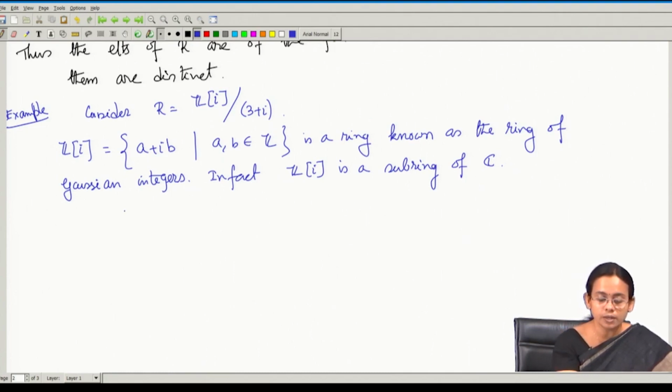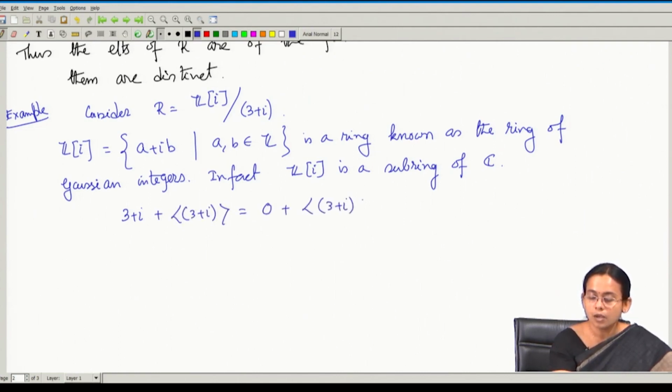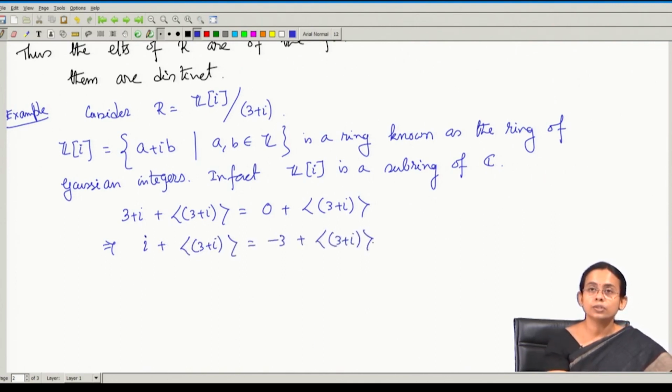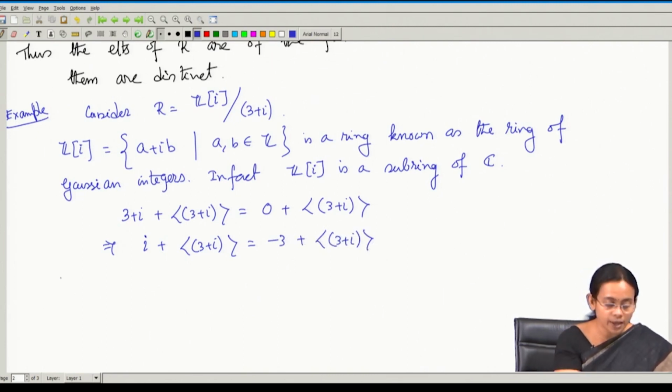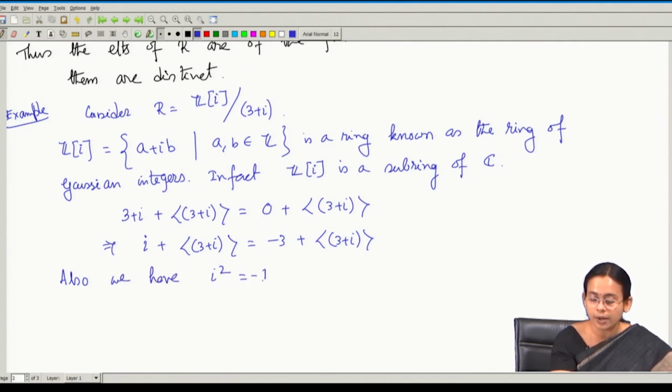In the quotient, this element 3 plus i is the same as the 0 element. If that is the case, then I can say that i in the quotient ring is the same as the element minus 3. So, in the quotient I can replace i with minus 3. However, I also have another relation, we know that i square is equal to minus 1.